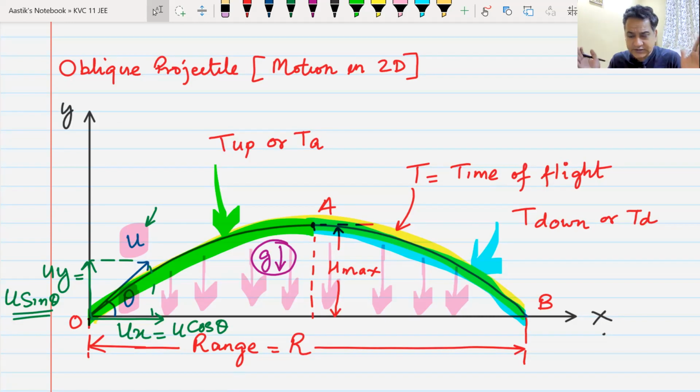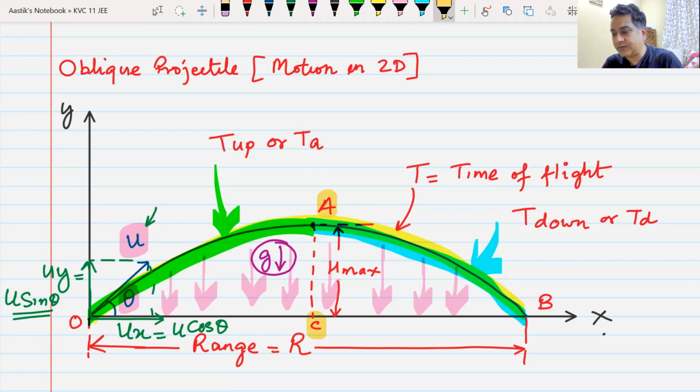The total horizontal distance it travels along the x-axis is known as the range or horizontal range. Let me call the lowest point C. The height from C to A is the maximum height. Whatever time it remains in air is known as the time of flight.